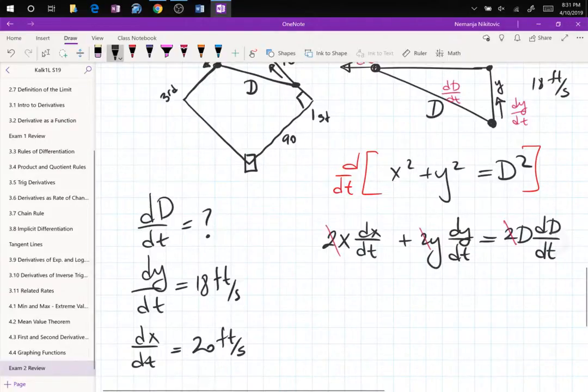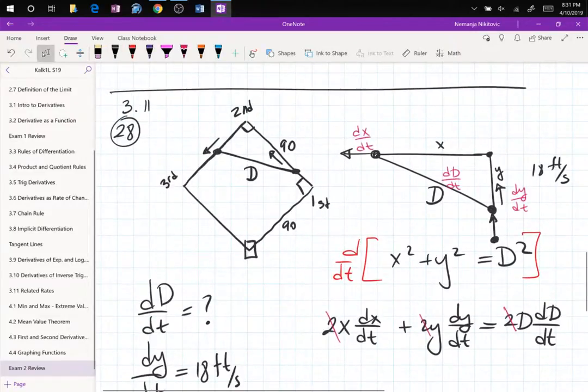You see, the y came from here, this is where the guy was standing on first base. When the ball was hit, 1 second later, he covered 18 feet. Out of 90 feet, how many feet are left? 72 feet. So that's the number in your triangle. Your y is 72 feet.